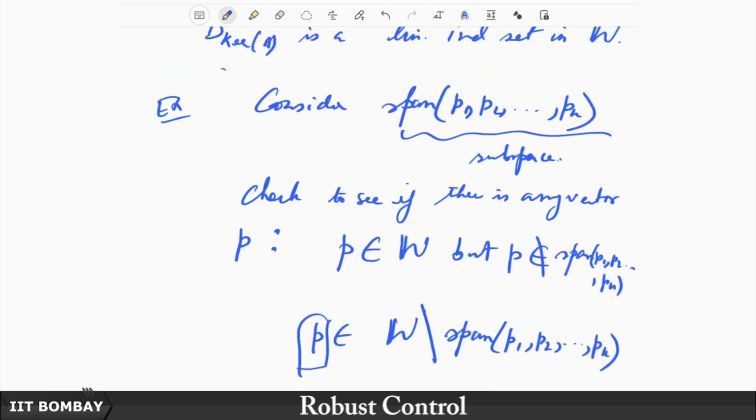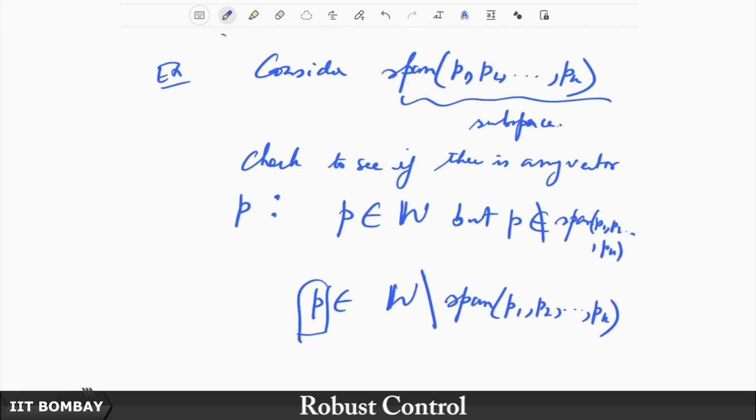Why? Because if it were not linearly independent, then P could be represented as a linear combination of the vectors P1 through Pk, and therefore it would belong to the span, violating the fact that it does not belong to the span. So this is a sure shot method of extending the linearly independent set in a vector space till you get to its basis.